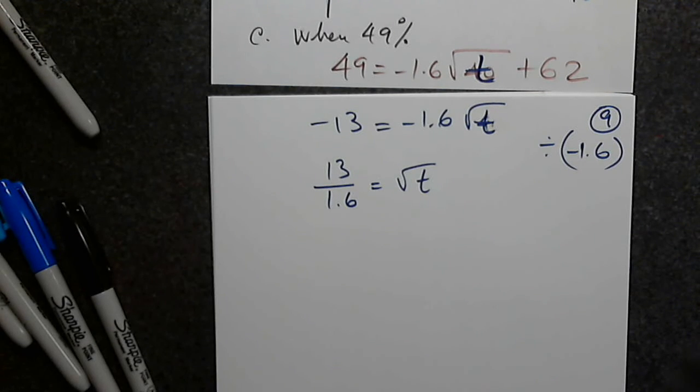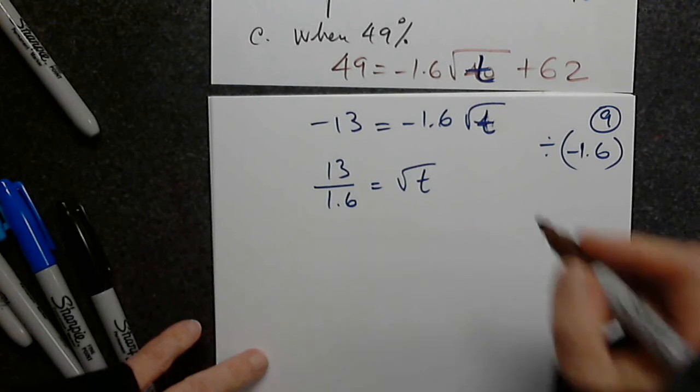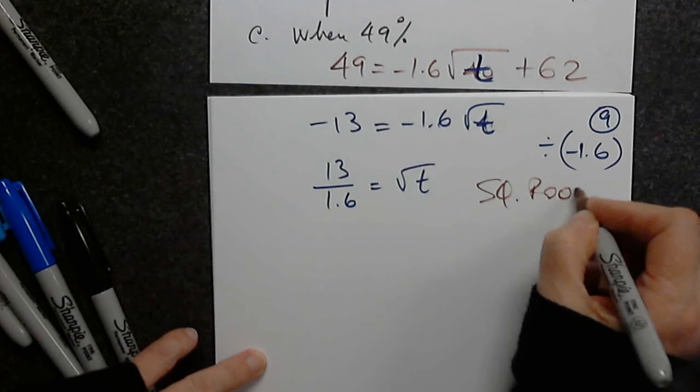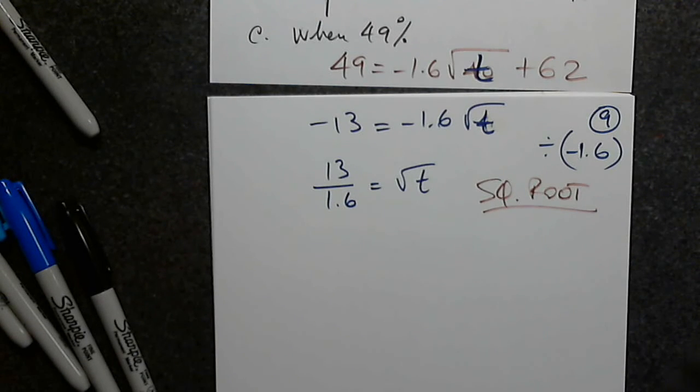Linear equations don't have the square root on top of the variable. What can it be? Of course, it's a square root equation. It's a radical equation.